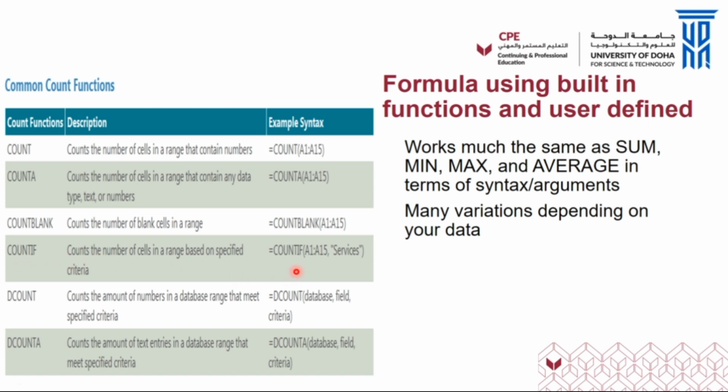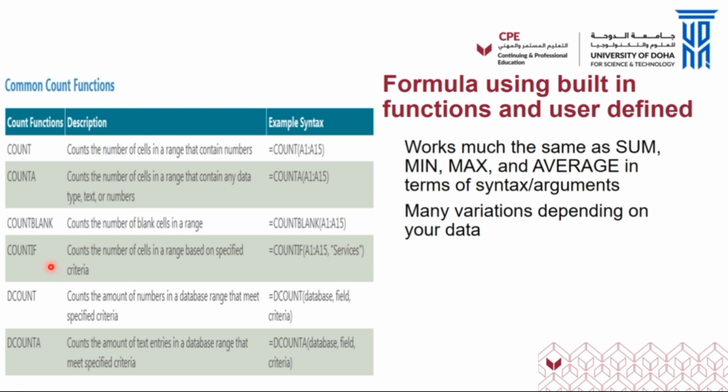An example is equal to COUNTIF, open parenthesis, it has two arguments. One is the cells that you want to count and the other is the condition. So it will count all the cells where there is services. So the syntax is COUNTIF, the cells, and the criteria.